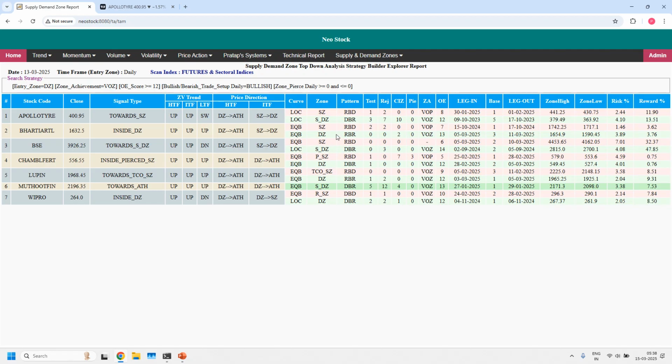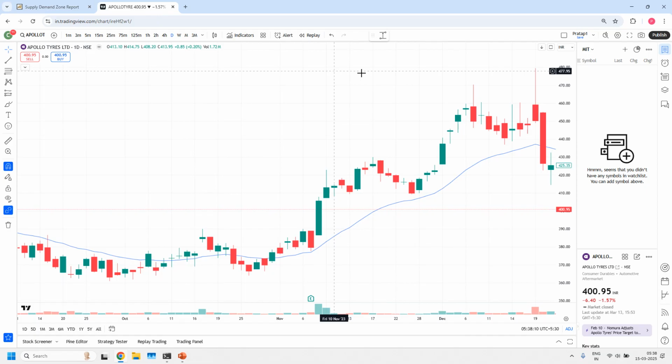Okay. So let us select that, let us draw that zone. Because it is a drop candle, the lowest wick of leg in or base candles or leg out we have to select. Here the lowest wick is coming for leg in candle because this is a drop candle.